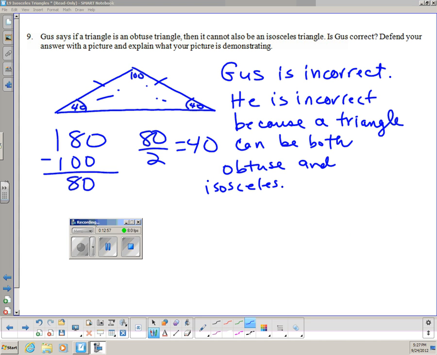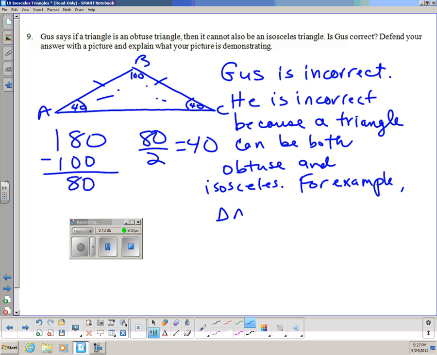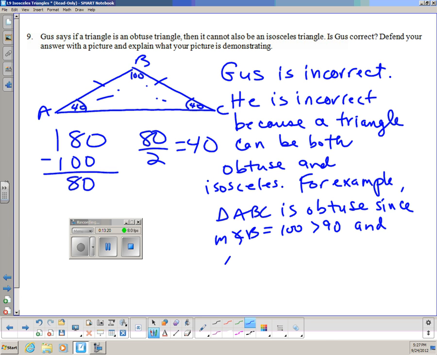For example, and I'll actually label this as triangle ABC. Triangle ABC is obtuse since the measure of angle B is 100, which is greater than 90, and angle A is congruent to angle C, making triangle ABC isosceles.